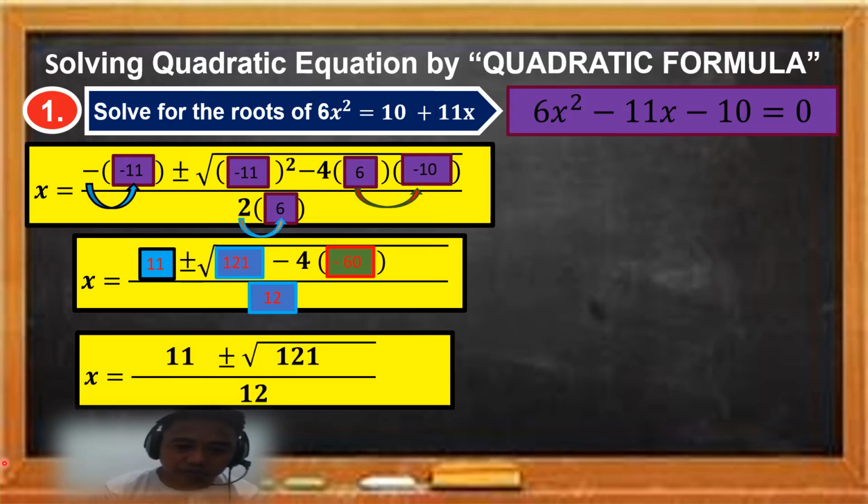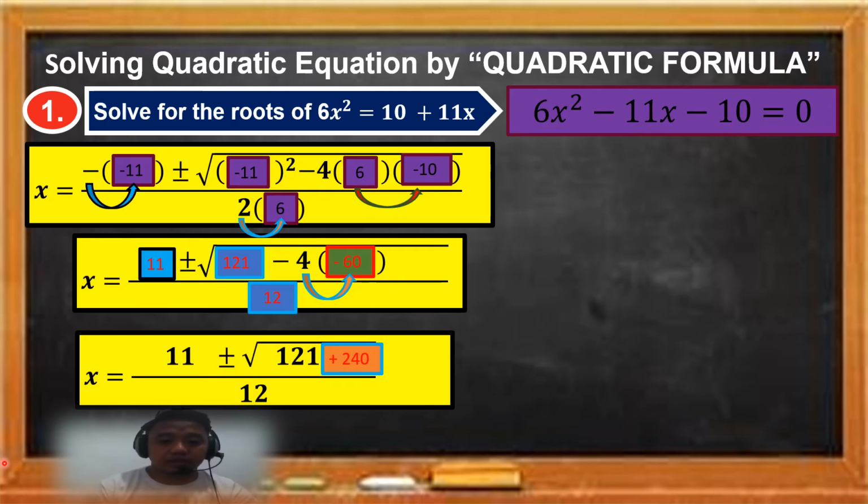Next, multiply negative 4 times negative 60. That is equal to positive 240. 6 times 4 is 24, just add a 0. Negative times negative is positive.